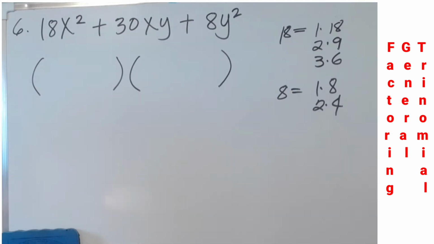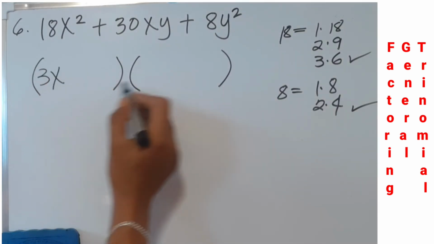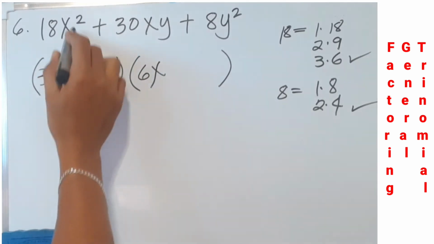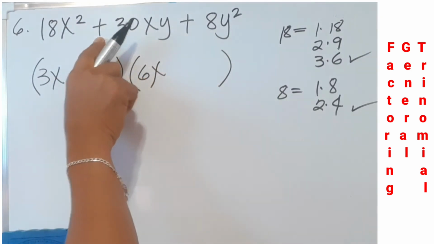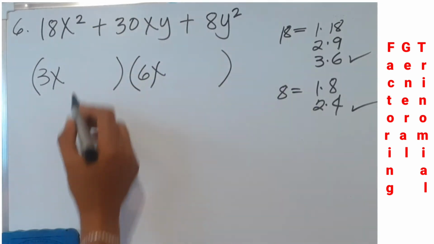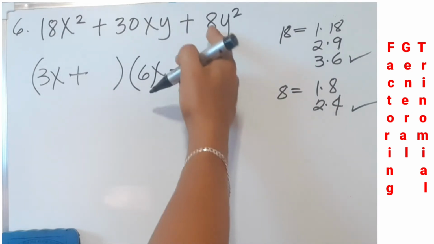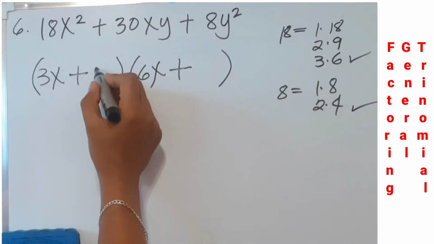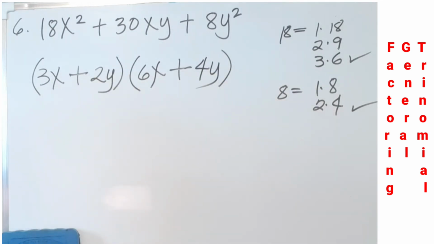Let's do the process of trial and error. Let's use first 3 and 6 and 2 and 4. So we have 3x and 6x as the factors of 18x squared. Since the last term and the middle term are positive, we have plus and plus on the factors. For the factors of 8y squared, try 2 and 4. So we have 2y and 4y.